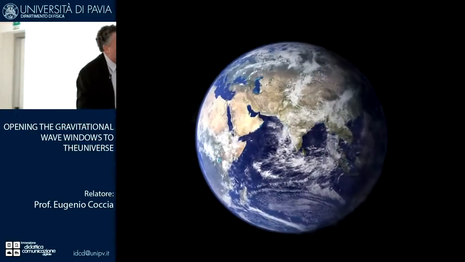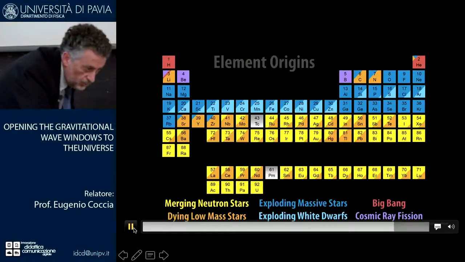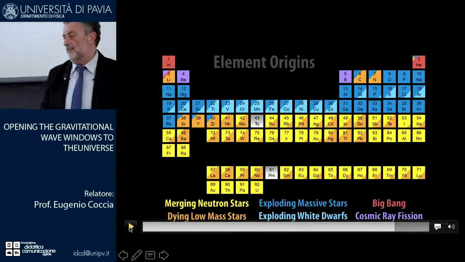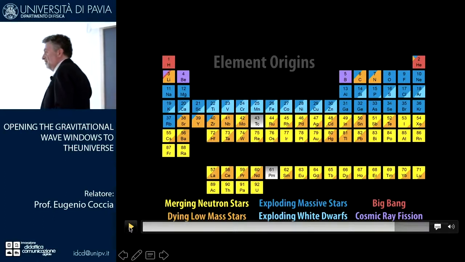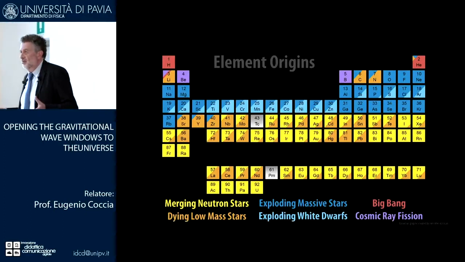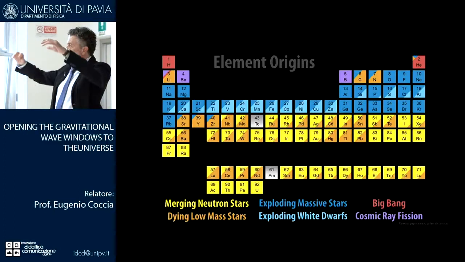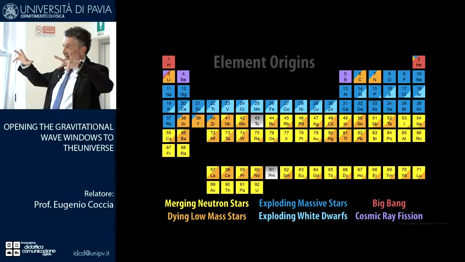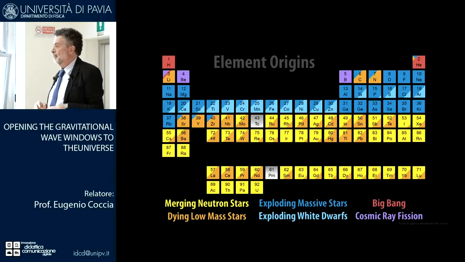Let me stop for a moment, because I want to say that gamma ray burst is something which is not obvious at all that can happen. I mean, they were discovered by spy satellites from the US, wanting during the Cold War to see if the Soviet Union made nuclear tests on the Earth.